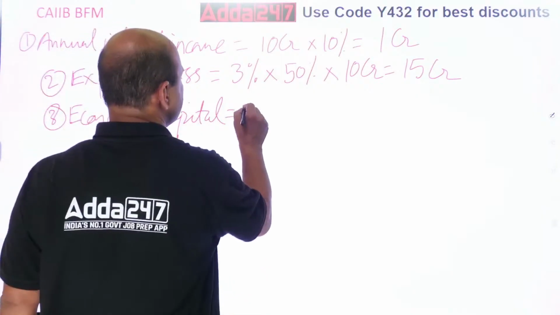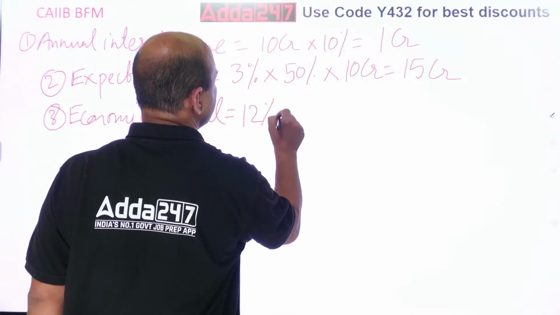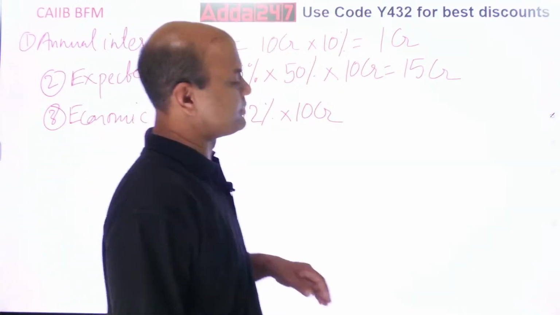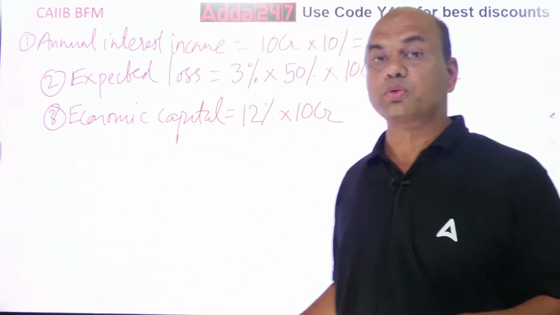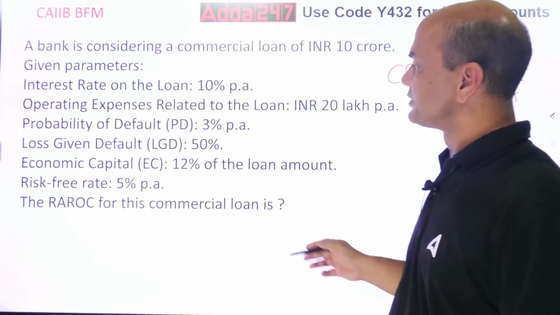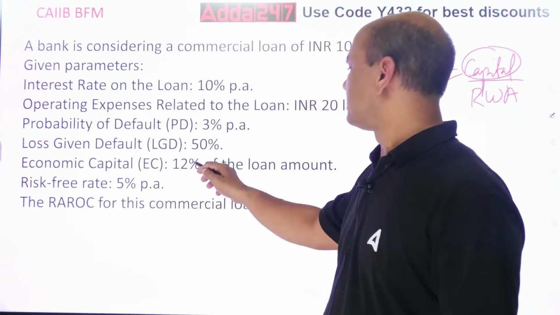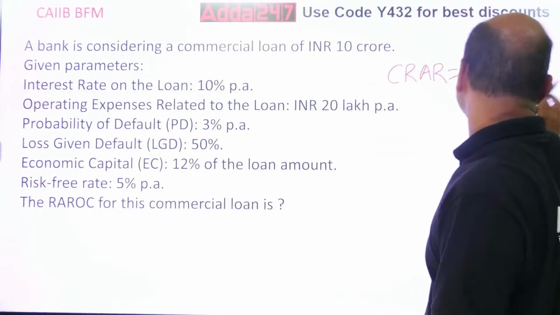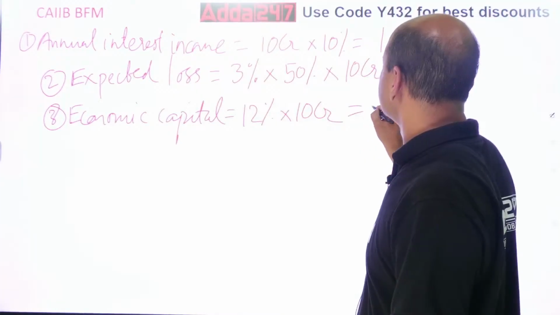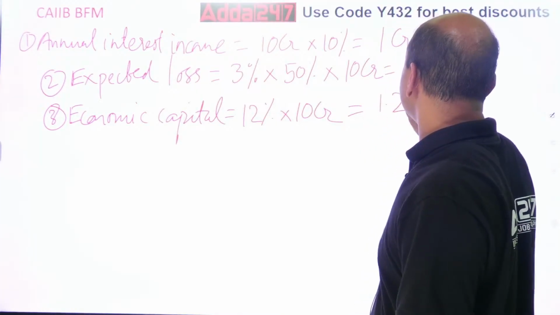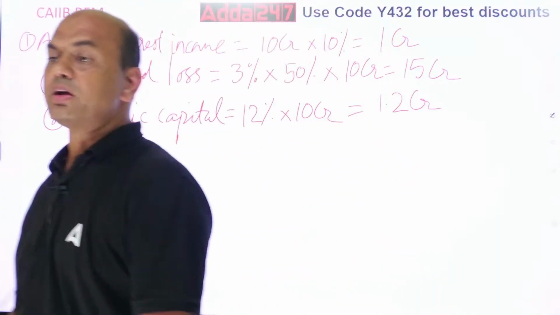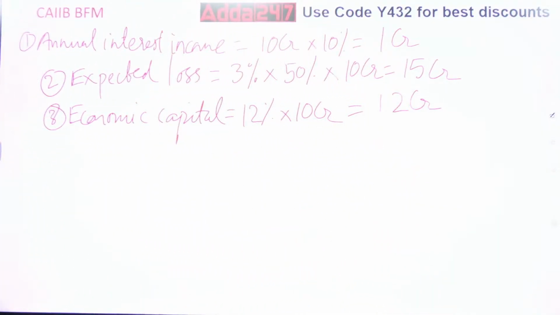Just check the figures, because we are solving such big numericals that you many times tend to forget the figures. Economic capital is 12% and loan amount is 10 CR. So you get 1.2 CR. This is your economic capital.